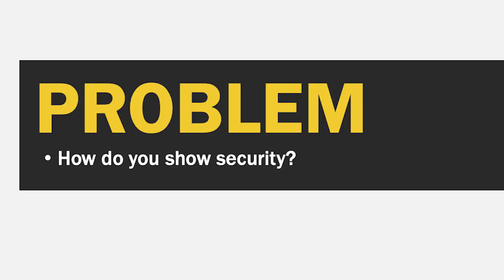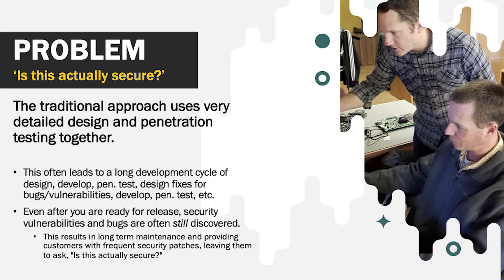So one of the main problems we're trying to address here is how do you show security? The question that comes is, is my solution actually secure? The traditional approach uses detailed design and penetration testing together. So you have these long development cycles that I'm sure you guys are used to of design, develop, penetration testing, design fixes for bugs and vulnerabilities, and then you just continue that cycle over and over again, developing and then testing.